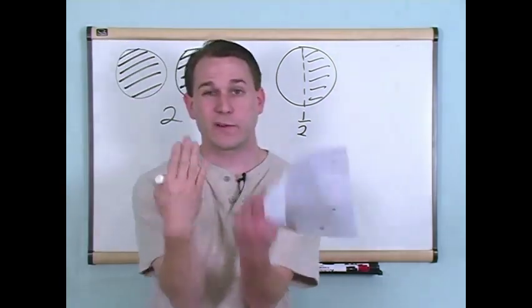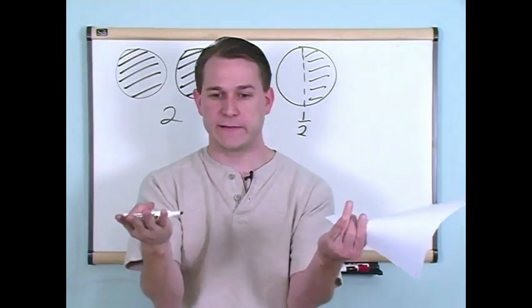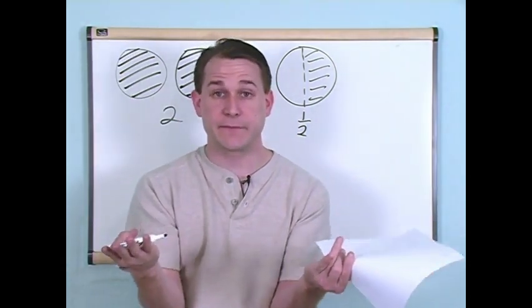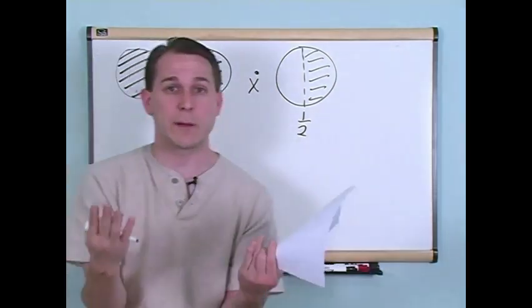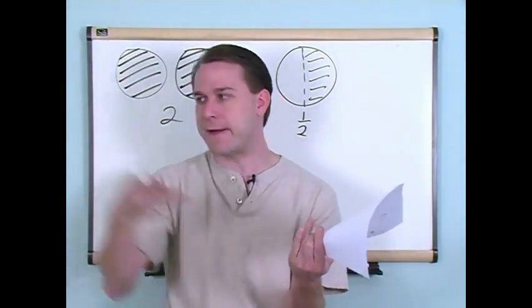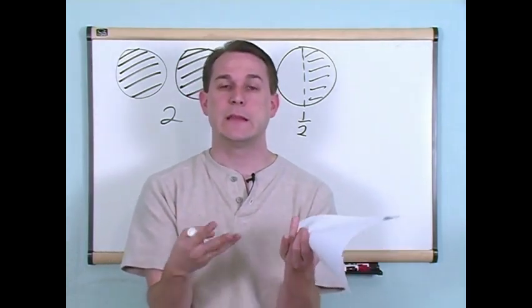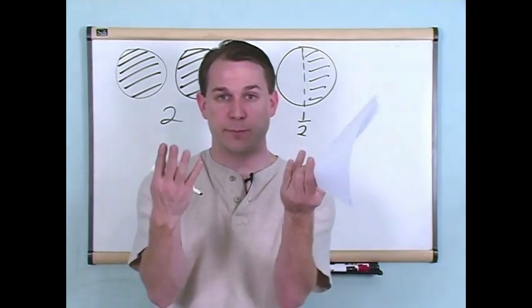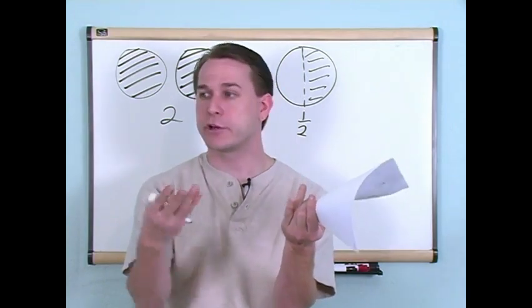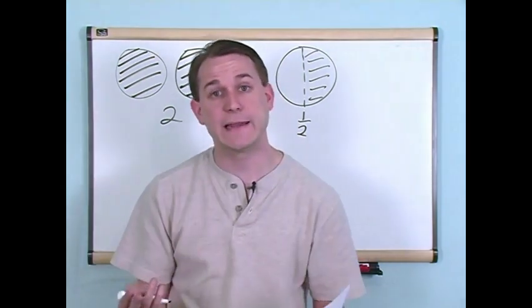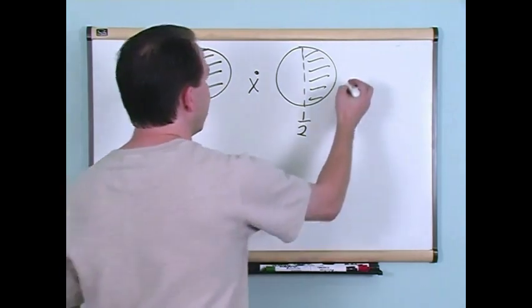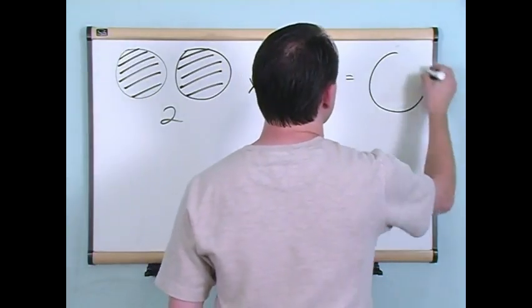When I start with 2 pies, one in this hand, one in this hand, I'm just going to take half of them, which is what this is telling me. When I multiply by 1/2, I'm just going to throw half of them away, and then the answer is what I'm left with. If I have 2 pies and I throw half of them away, I'm only going to throw 1 pie away. I'm going to have 1 pie left over. So the answer in this case would be 1 pie.